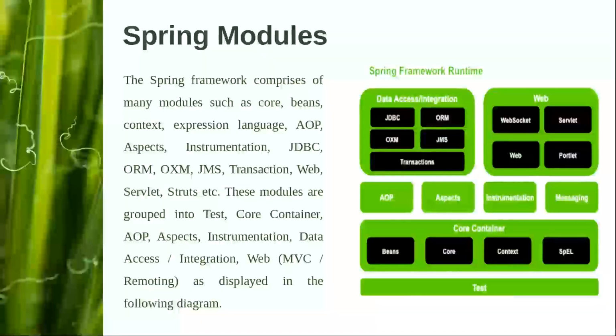So here in this diagram, we can see that there is a complete layered differentiation. The layered format of the Spring framework is being shown over here. At the bottom layer is the test layer, and here the APIs or classes required for testing are provided. Then comes the core container.